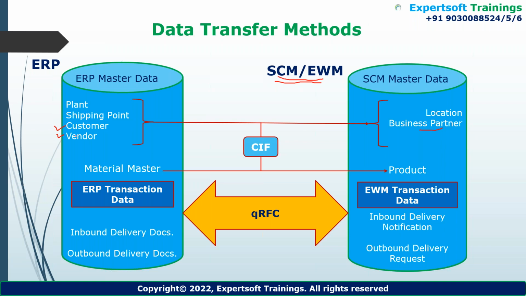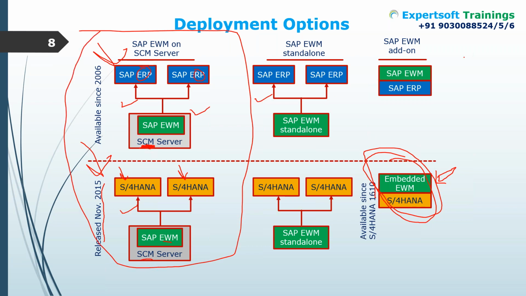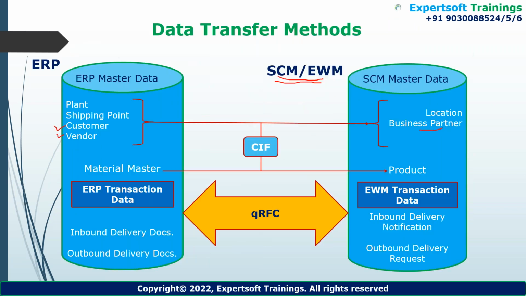So you were transferring your master data from the ERP system to your SCM system. We are talking about this particular model, and right now we are discussing how it transfers the data. There are two sets of data: master data and transactional data.